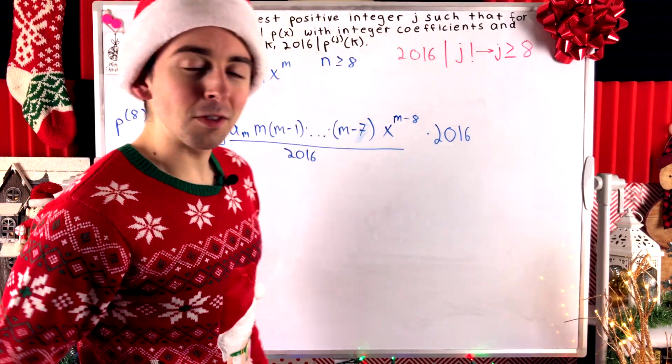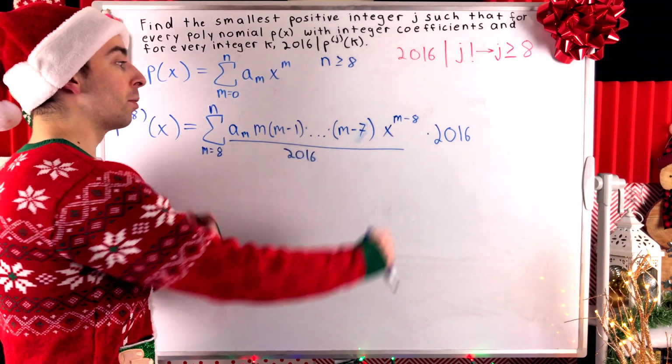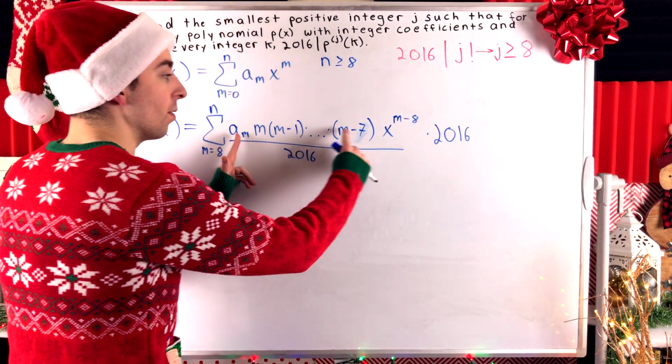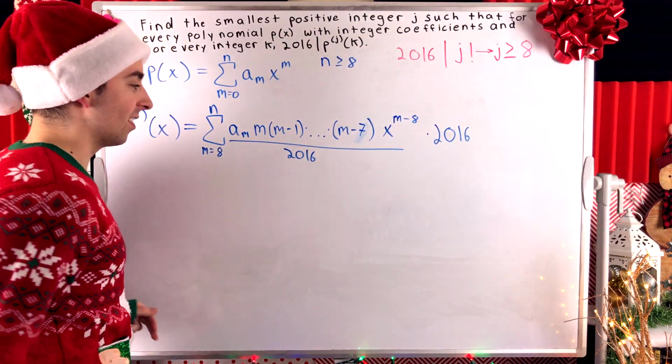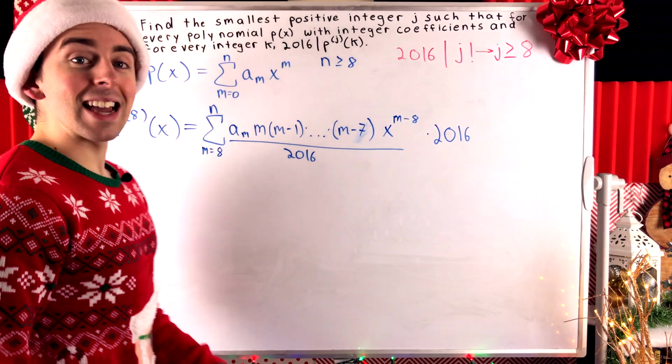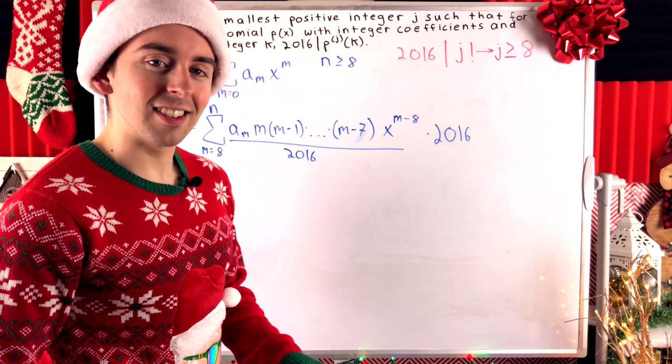Well, we'd love to do something like that. The problem with doing exactly that is that we have no way of knowing that all of this stuff divided by 2016 is an integer. Thus, we don't actually know if this would be an integer multiple of 2016.